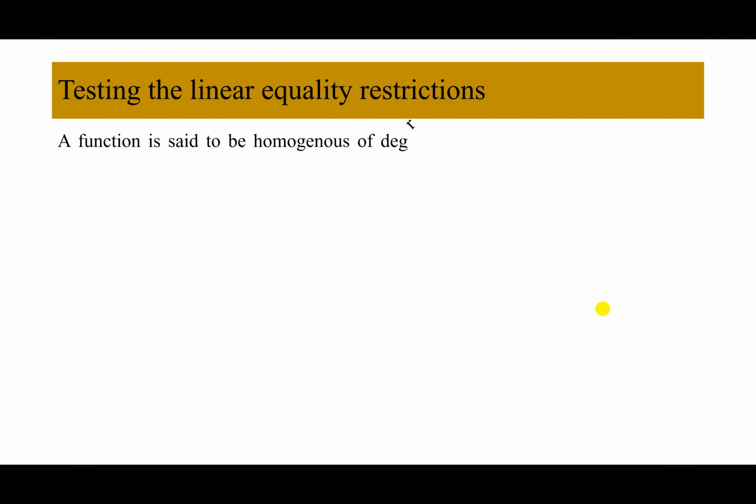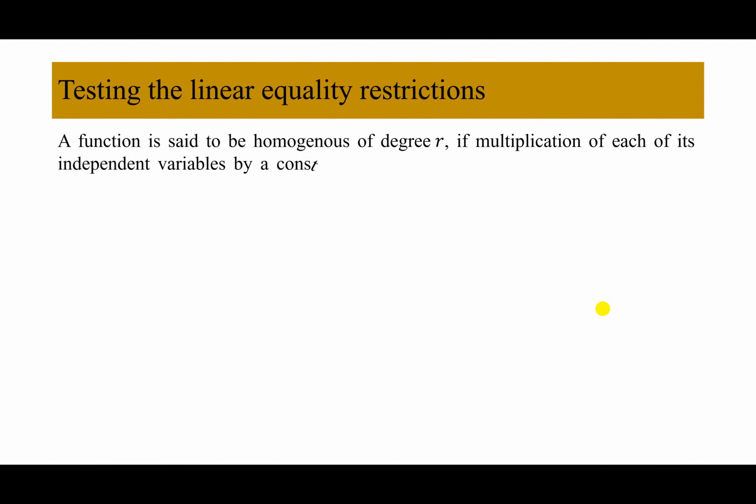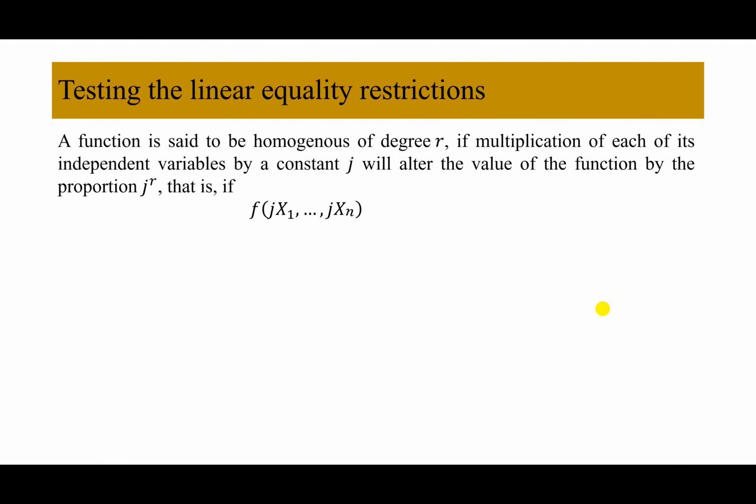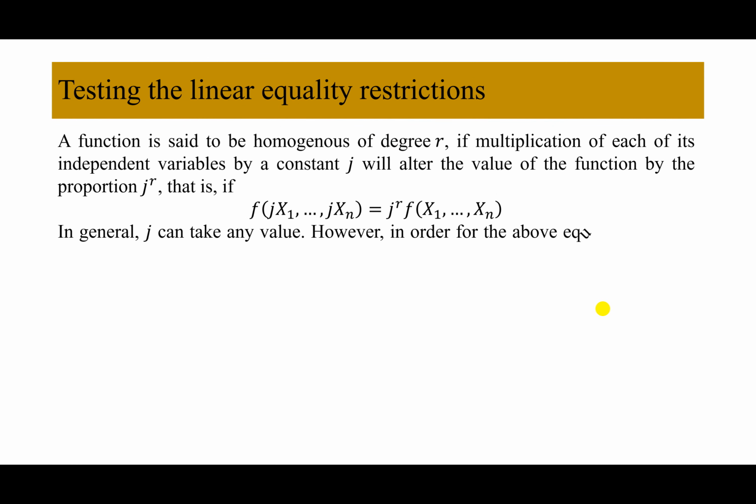A function is said to be homogeneous of degree r if multiplication of each of its independent variables by a constant j will alter the value of the function by the proportion j to the power r. That is, if f of jx1, dot dot, jxn equals j to the power r times f of x1, dot dot dot, xn.